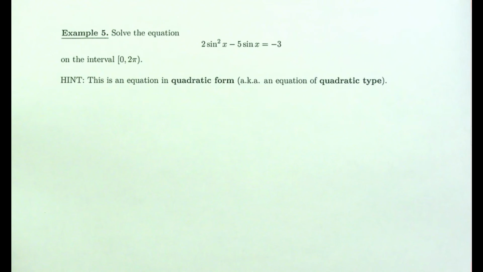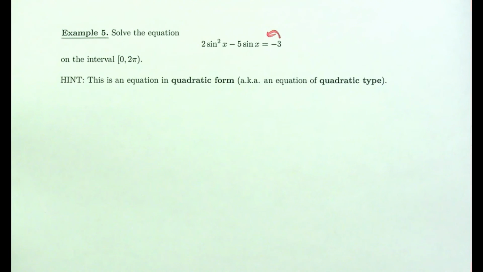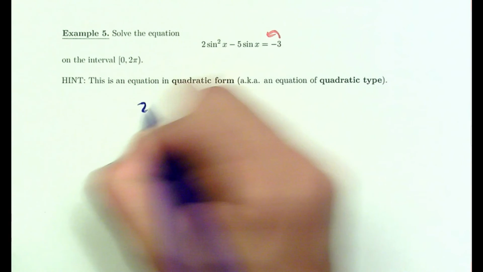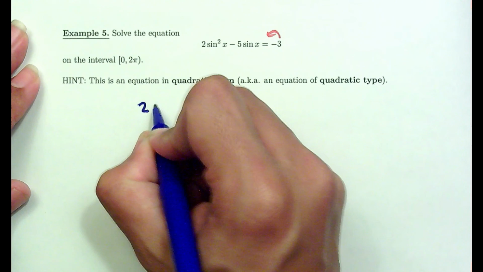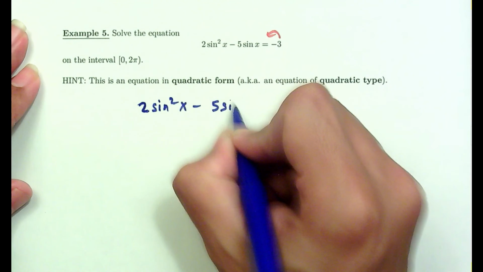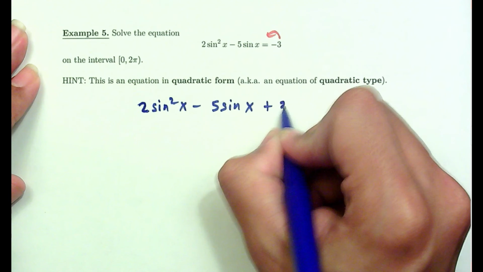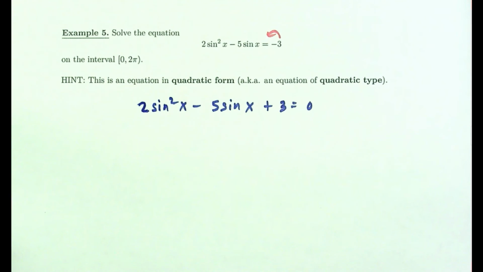Alright, so let's start off by moving the negative 3 to the left. So we would get 2 sine squared of x minus 5 sine of x plus 3 equals 0.